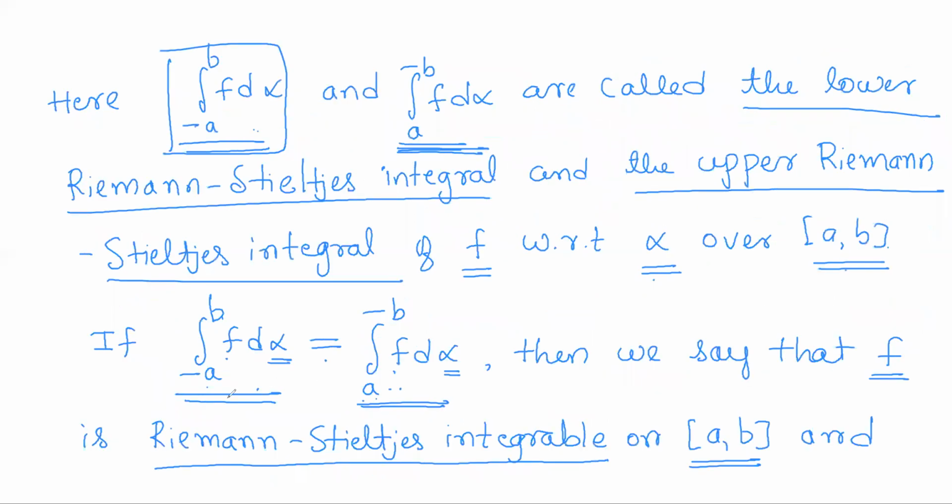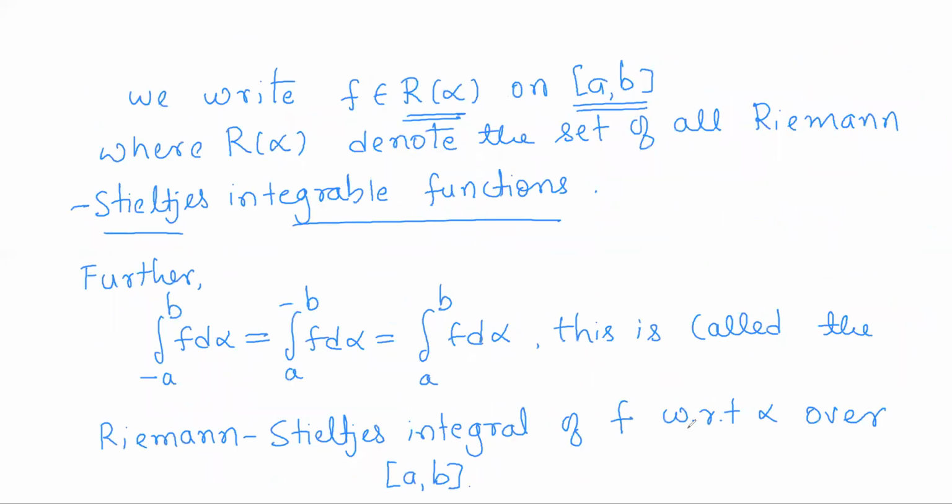And if they are equal, we say f is Riemann-Stieltjes integrable, and the common value is taken as the Riemann-Stieltjes integral of f with respect to alpha over the closed interval [a, b].